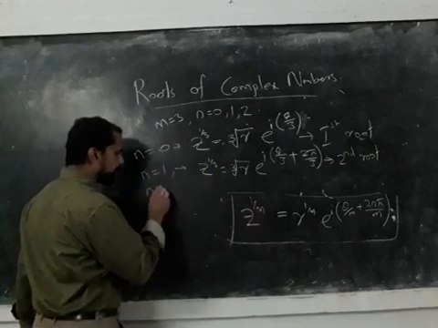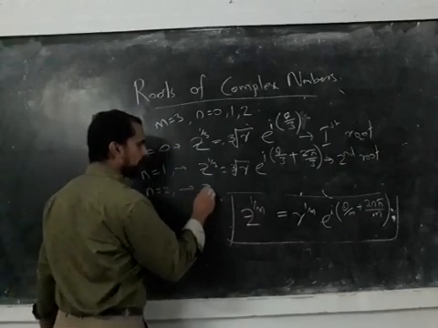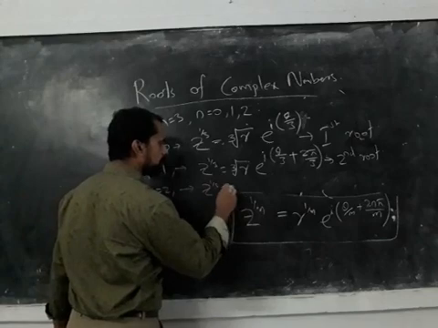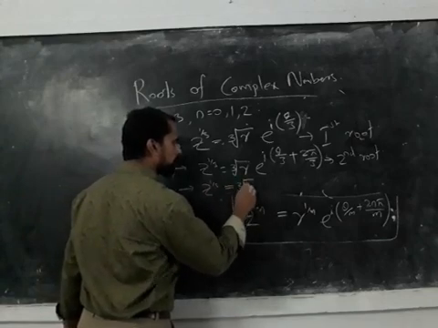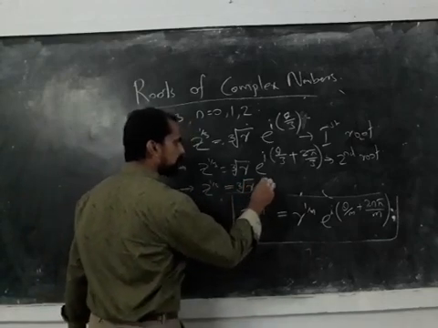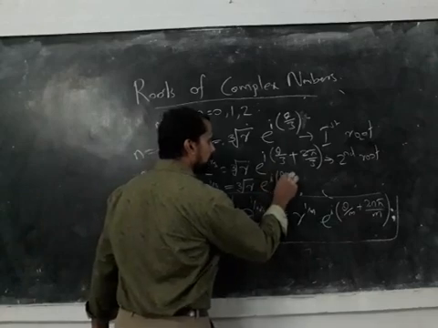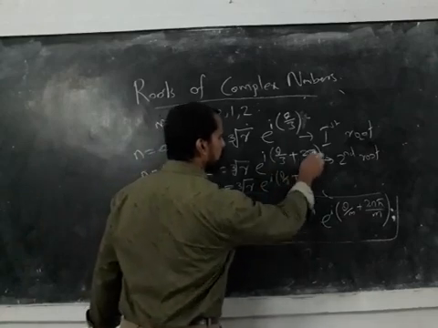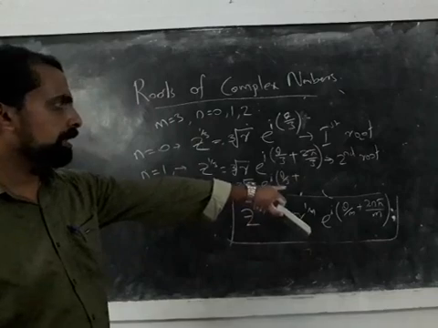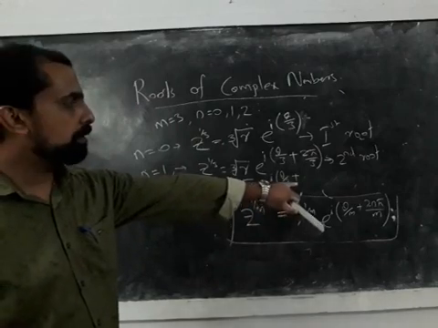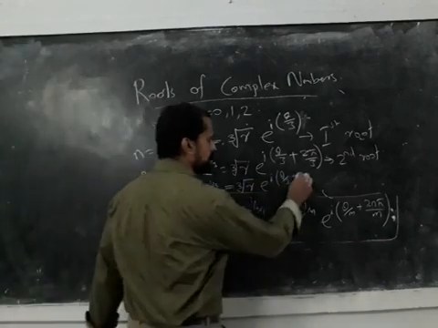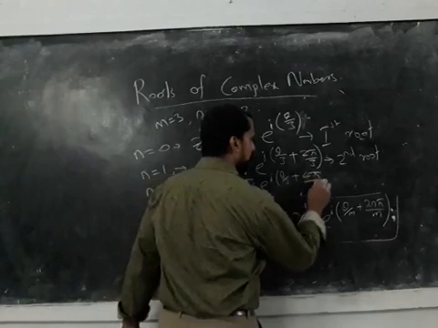And n is equal to 2: z raised to 1 by 3 is cube root of r e raised to i theta by 3 plus 4 pi by 3.